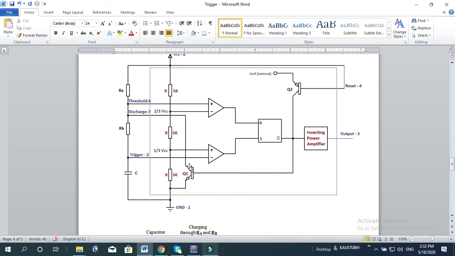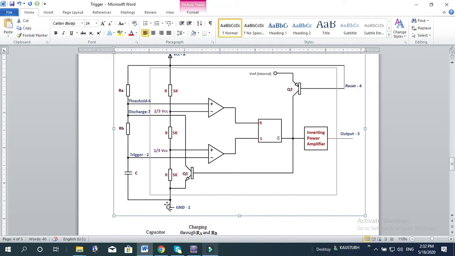Now the capacitor C starts discharging through RB and the transistor Q1. It will go through this path to the ground through RB and Q1.